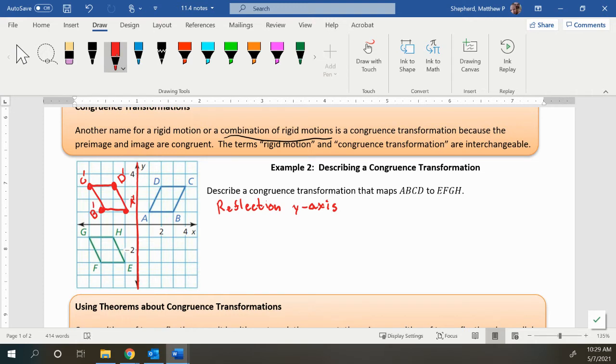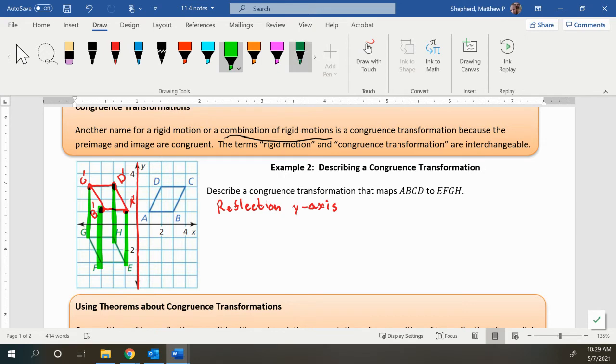Now for us to go down the other way, it looks like I just have to go down 4 places. For each of those points, we just have to move them down 4 places.